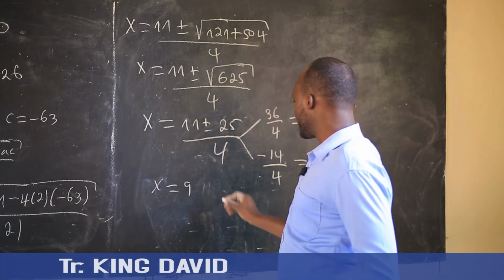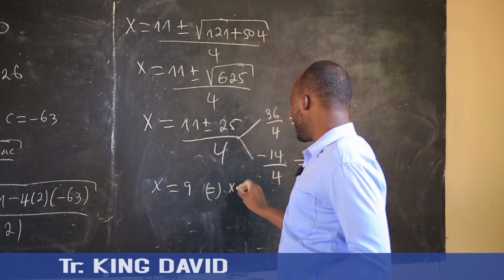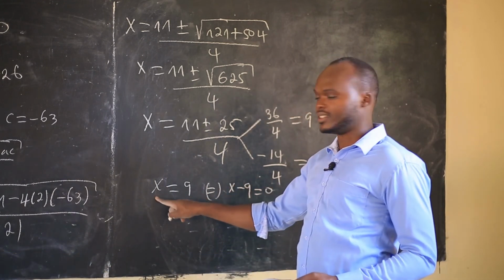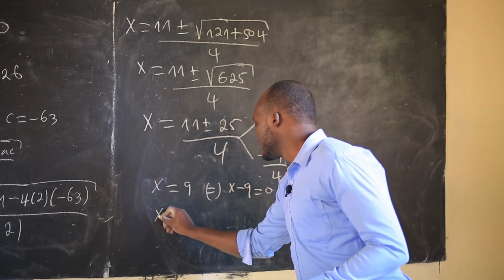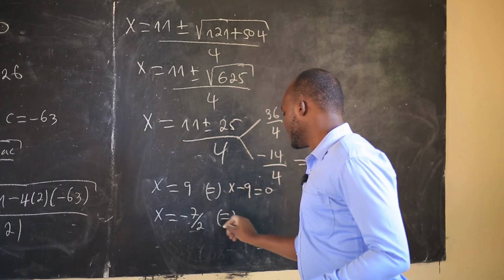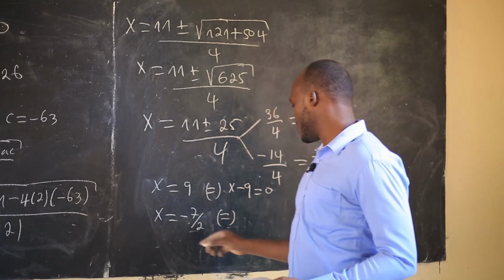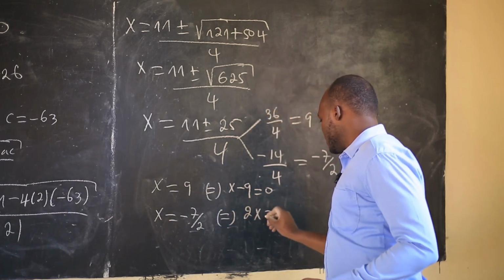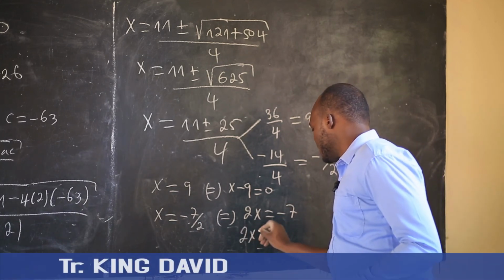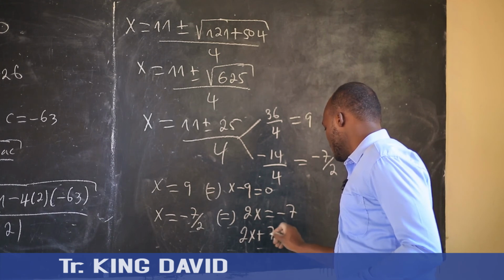So what is the factor? The factor is x minus 9 equal to 0. I bring this on this side. So I have x equal to negative 7 over 2. What is the factor? This is over 1, I cross multiply, it becomes 2x equal to negative 7. So I bring that on here, so 2x plus 7 equal to 0.